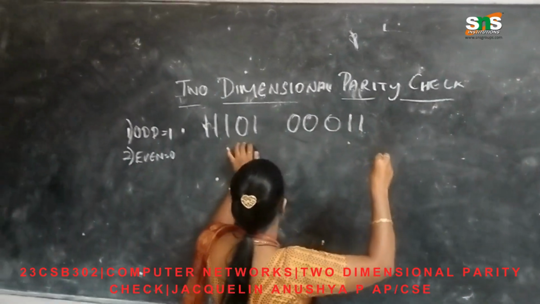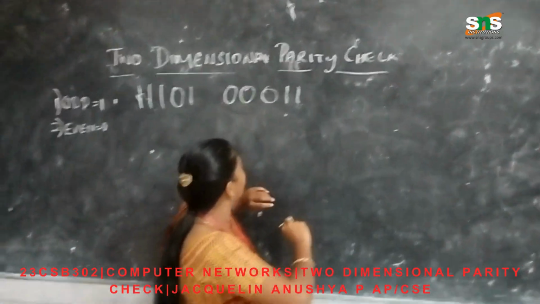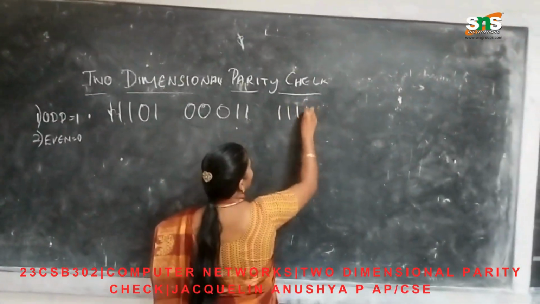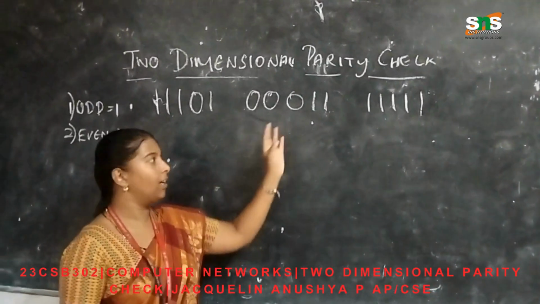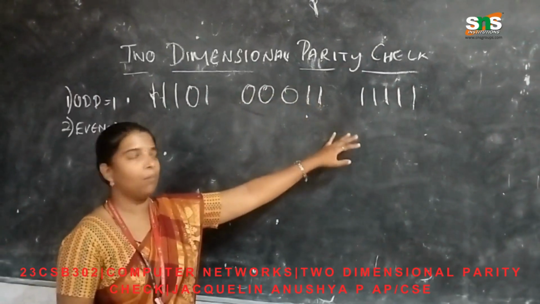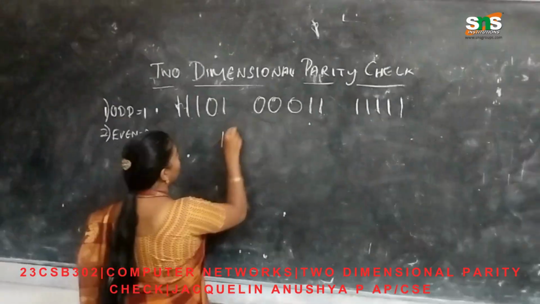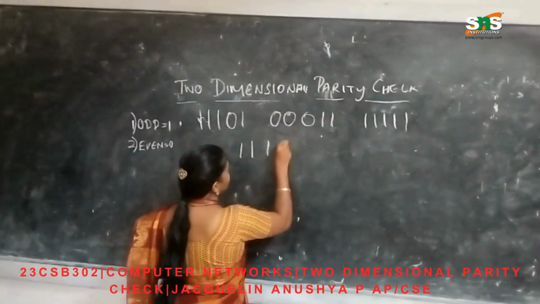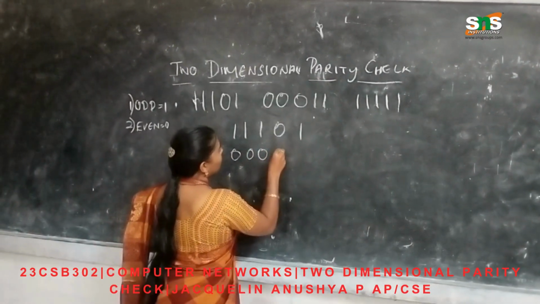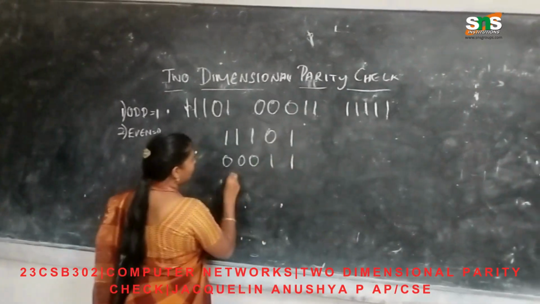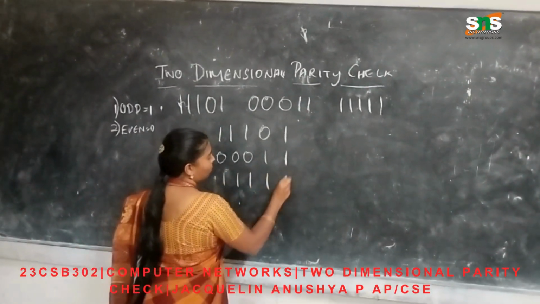So over here again the same 5 digits I am taking, and then for example I am splitting these binary numbers into rows and columns. So I am giving you 1 1 0 1 and 0 0 0 1 1 and 1 1 1 1 1.